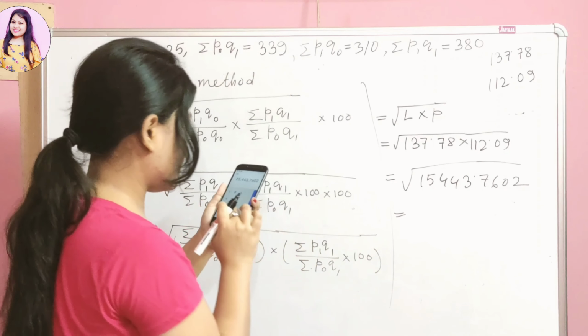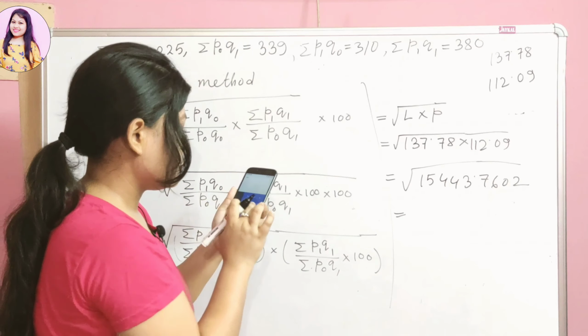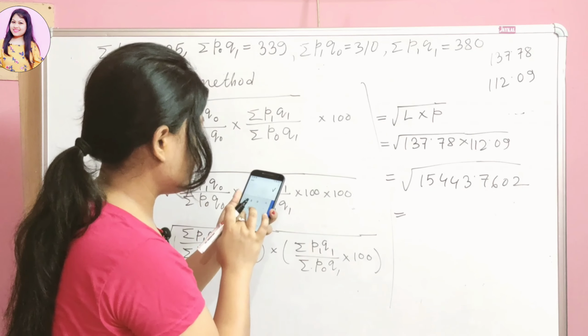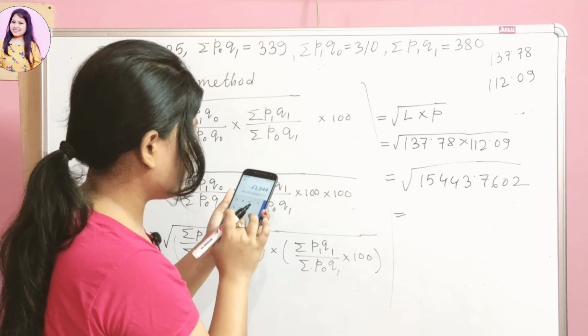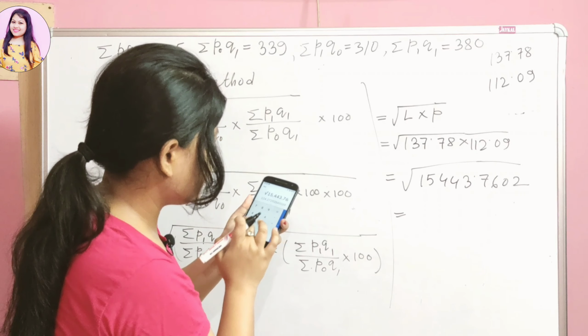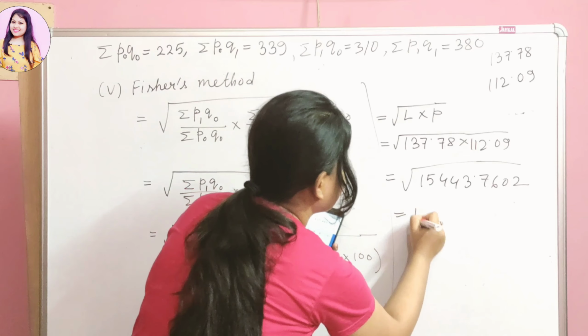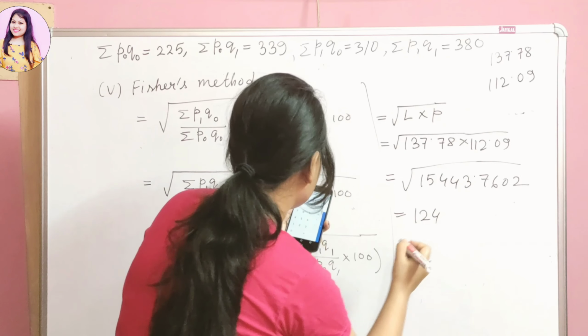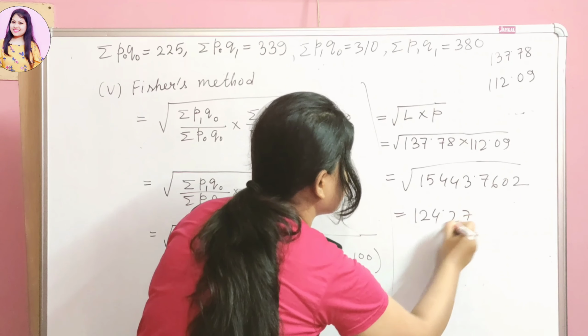Now take the square root of 15443.7602, it will give you 124.27.